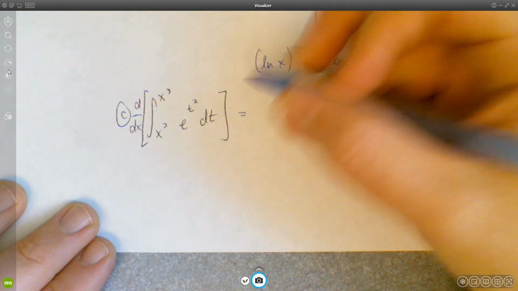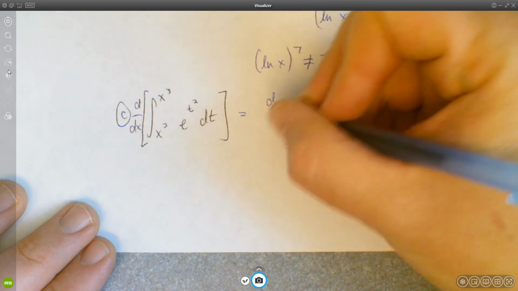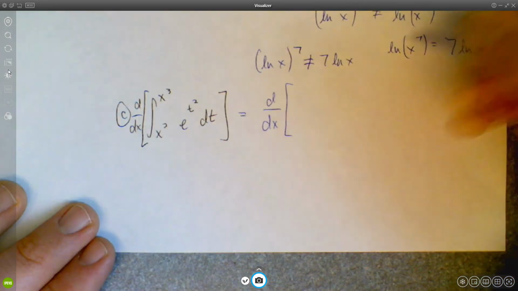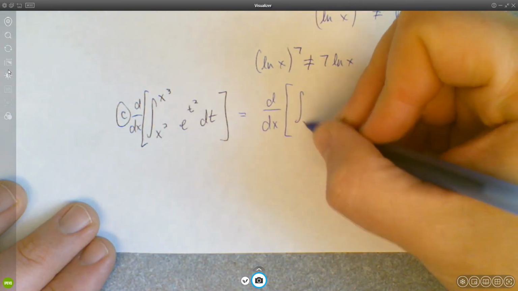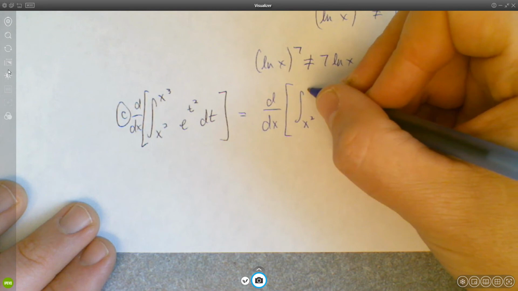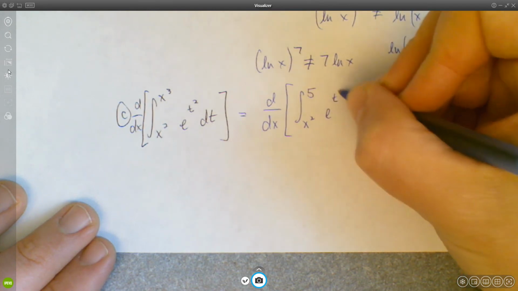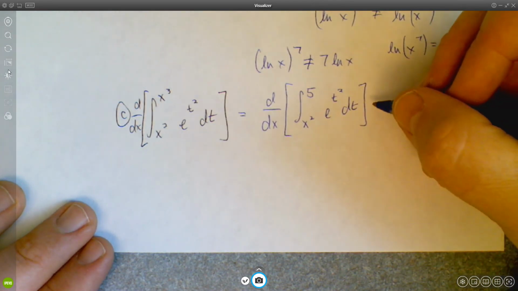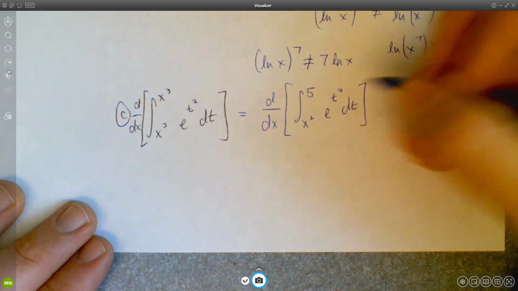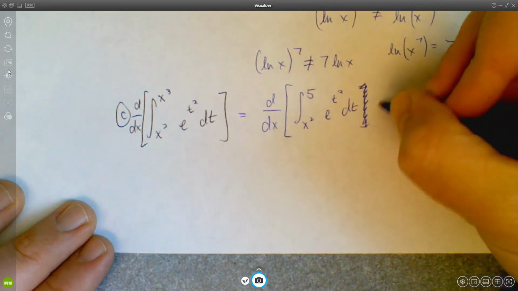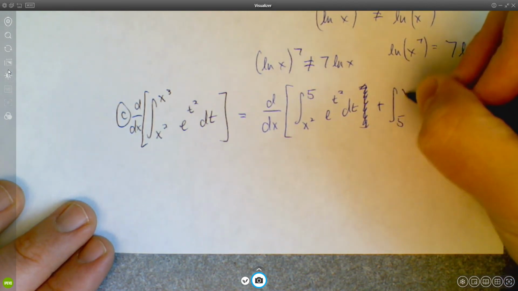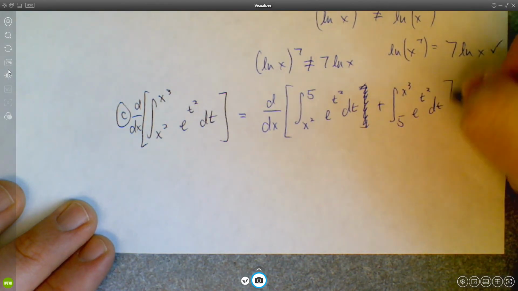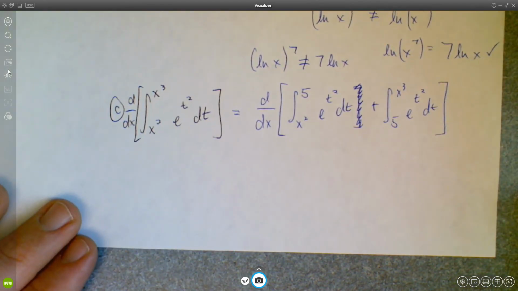I'm just going to choose any number, say, let's go from x squared to, I don't know, 5. Oh, I shouldn't have closed that up, because then I need to add the integral from 5 to x cubed. That's how you deal with these situations.